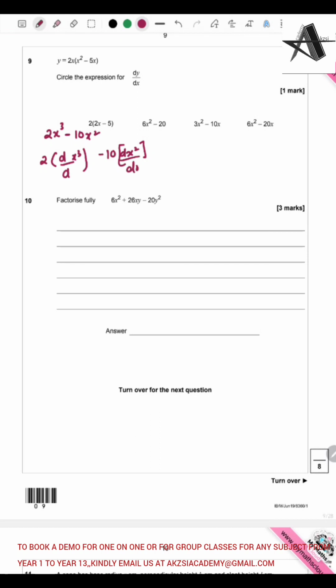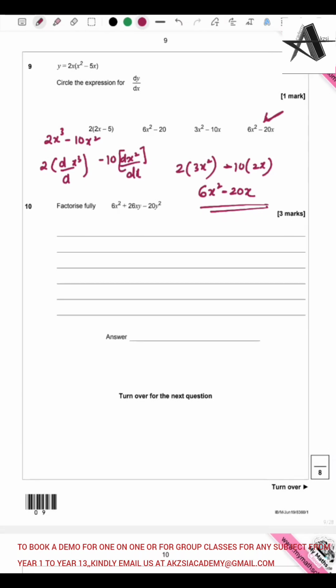This will give you 6x squared. Why? Because differentiation of x cubed is 3x squared. So 2 times 3x squared minus 20 times differentiation of x squared, which is 2x. Finally 6x squared minus 20x. Answer is D.